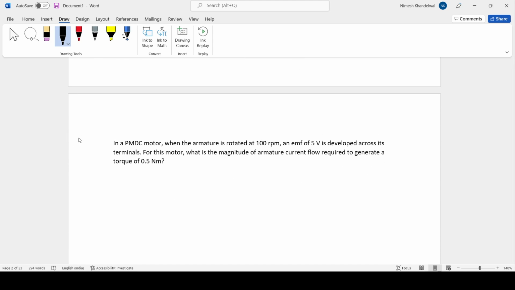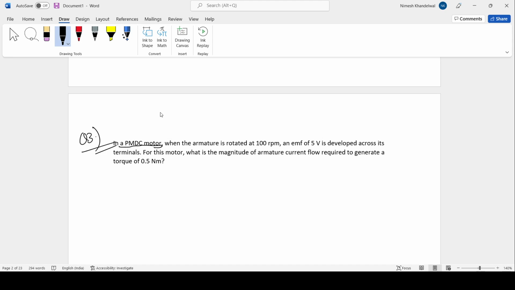Now let us move on to the next question. Let me mark it as question number 3. We have now moved from our rectangular coils to PMDC motors. The only difference between PMDC motors and brushless DC motors is in the pattern of their back EMF.